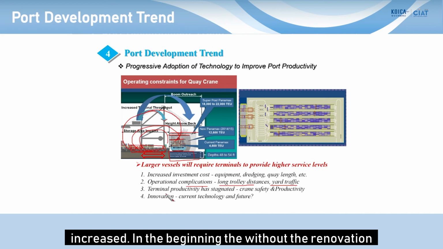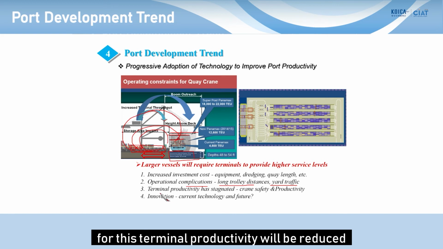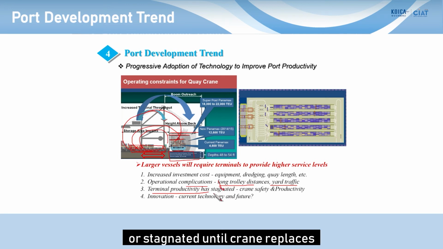At the beginning, without innovation for this, terminal productivity will be reduced or stagnated until cranes are replaced, and then you train the laborers to cope with the high speed and the large amount of cargo transport, etc. So innovation in technology is necessary, and you still need to keep track of future changes in ship size.